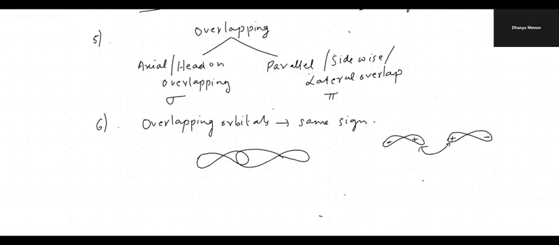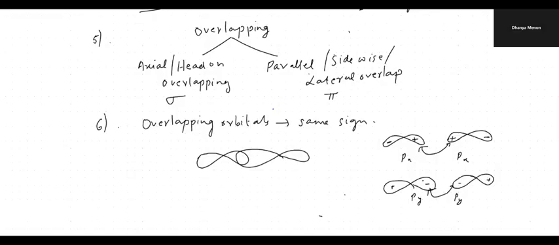For example, this is px and px, or if I have py and py, both with the minus sign, these can overlap. So those orbitals that have the same sign will overlap.